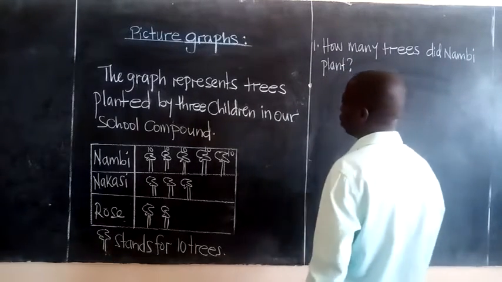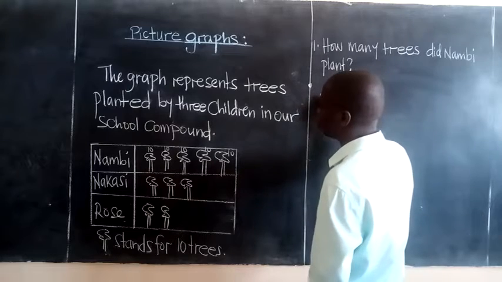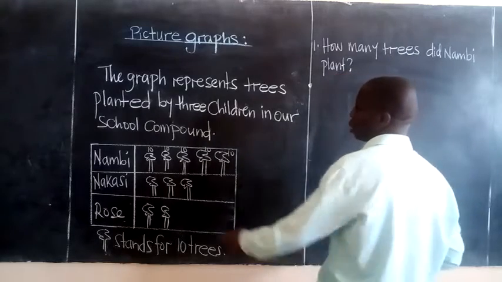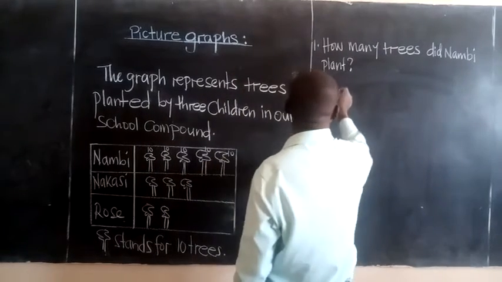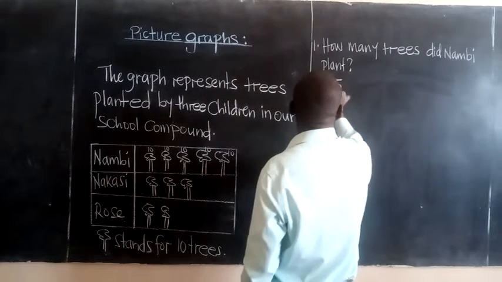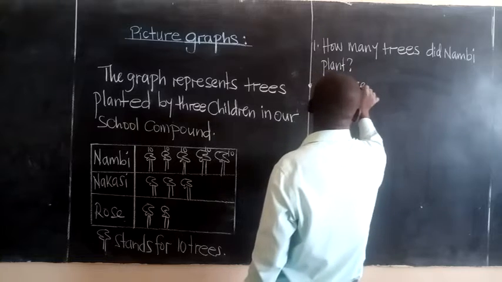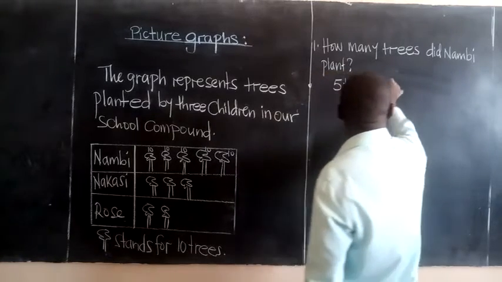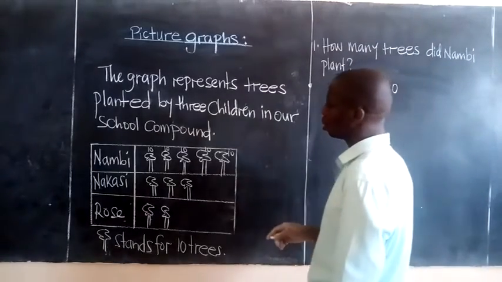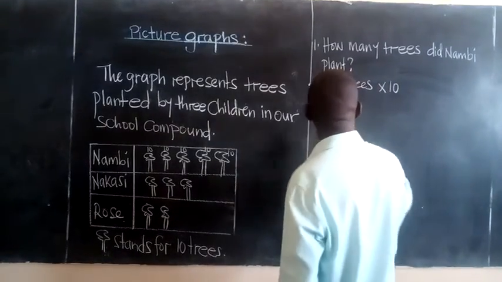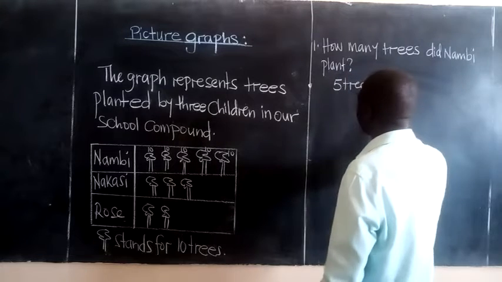So there you say, Nambi planted, you will multiply. She planted 1, 2, 3, 4, 5. There are 5 trees. So 5 trees times 10, because each tree represents 10 trees. So it is 5 times 10.